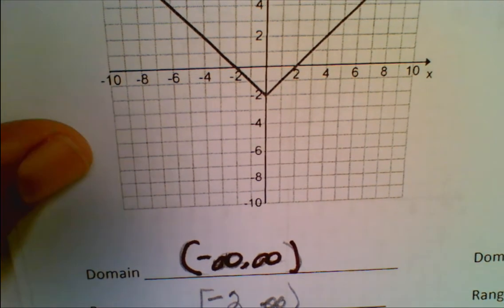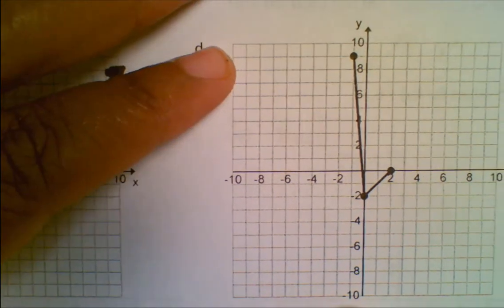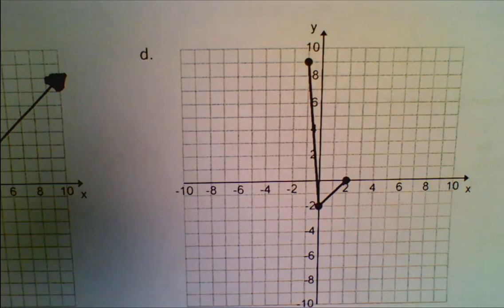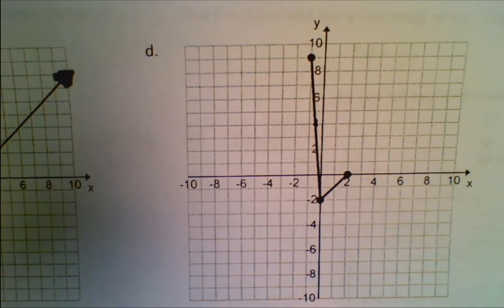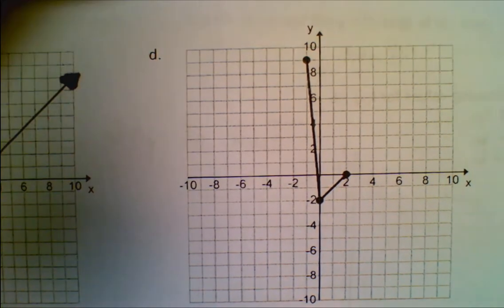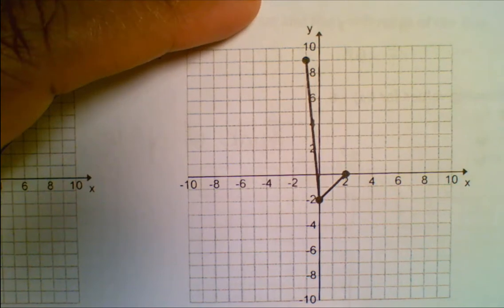And then lastly, the last example here, letter D. Let's look at that one. We have a line segment because we have a start point and we have an ending point.